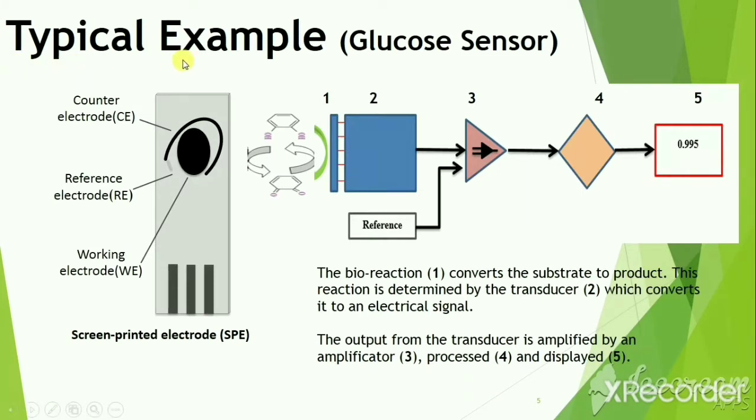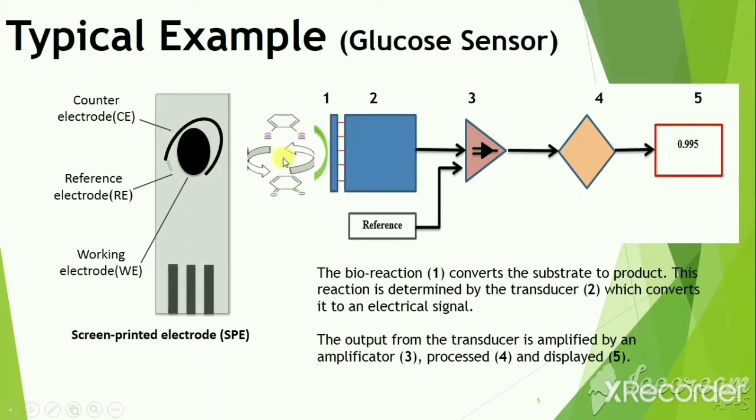As a typical example of a sensor, we find the glucose sensor. We almost all know a person who is diabetic. So for sure you have seen this electrode before. This electrode is called a screen printed electrode. It contains 3 electrodes: counter, reference, and working electrode. The working electrode is where the reaction occurs, as you see here.